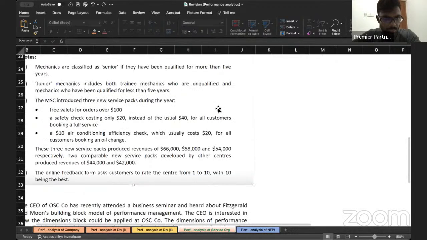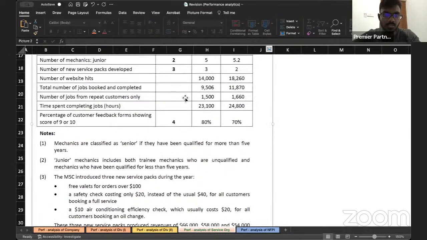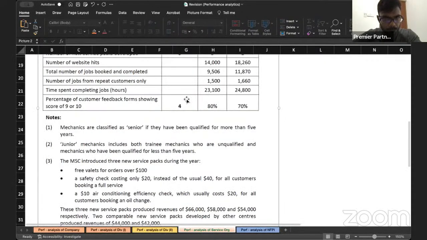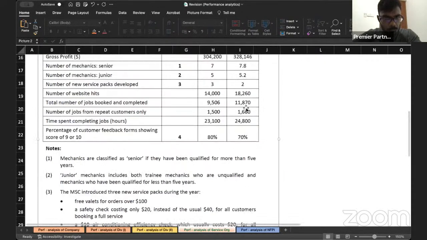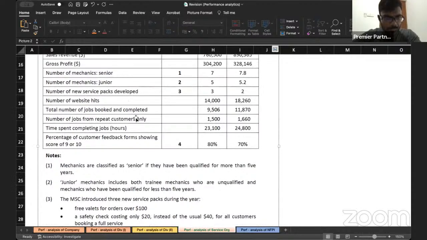Flexibility. What can you take as flexibility? Any suggestions, people? What can we take? Hmm, time spent.